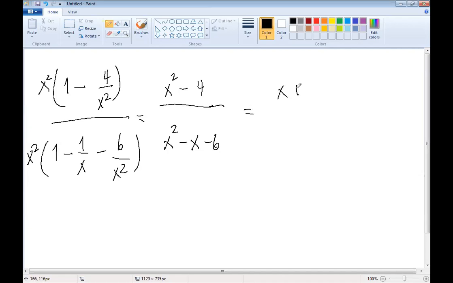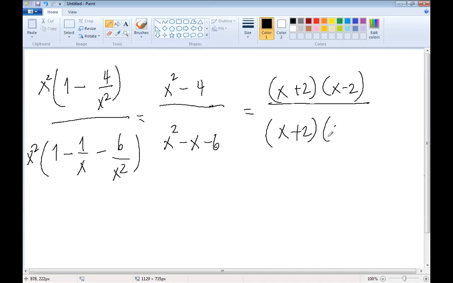We get x plus 2, x minus 2, all over, x plus 2 and x minus 3, right? So therefore, we can cancel out x plus 2. So the result now will give us x minus 2 over x minus 3.